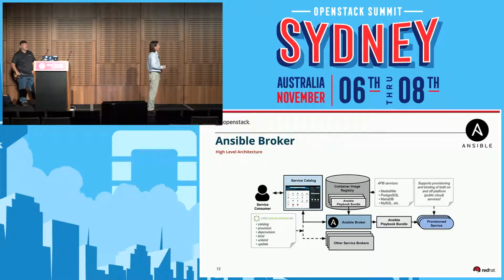The Ansible Playbook Bundle is run, and then you end up with the service that's been deployed. These are short-lived. They don't live that long, just long enough to start the service and configure it the way you want it, then they go away. So it's really a quick interface layer to start your applications.